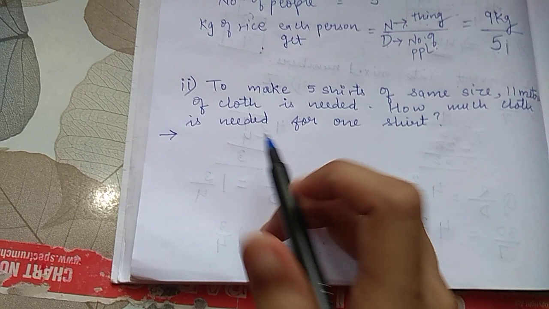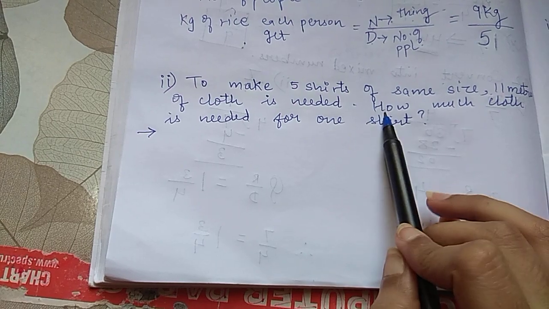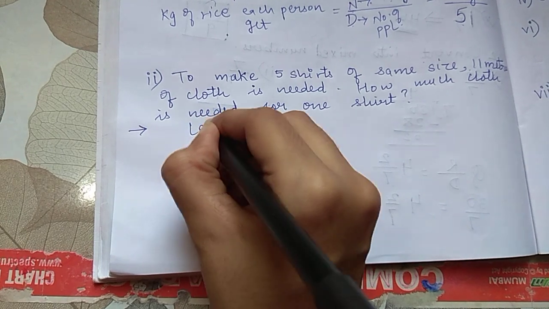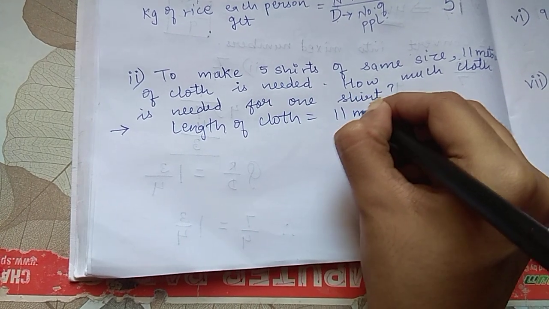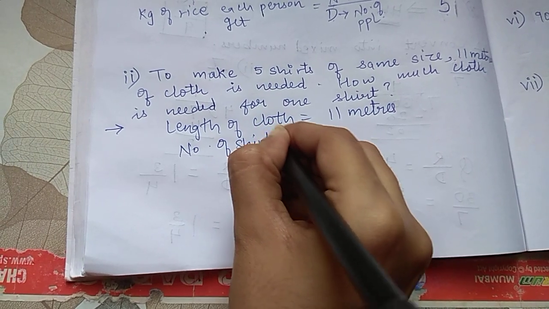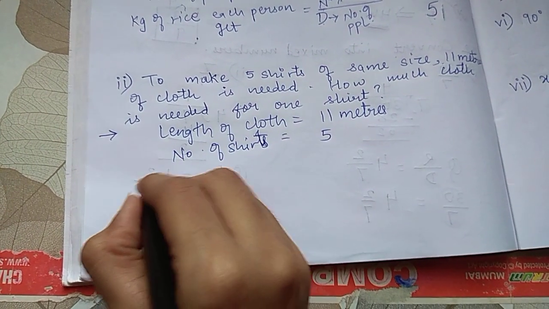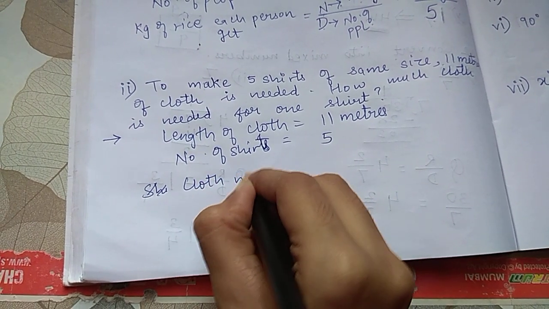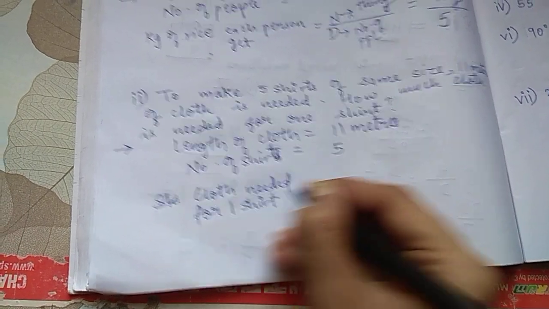Second one is also similar. To make 5 shirts of the same size, 11 meters of cloth is needed. How much cloth is needed for one shirt? Now, the length of cloth is how much? 11 meters. Number of shirts is 5. Now, shirt or cloth, we will write cloth needed for one shirt.